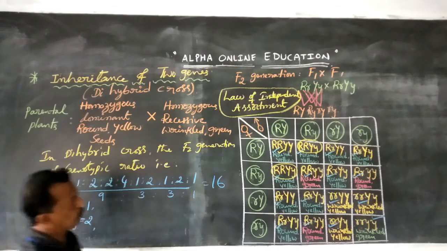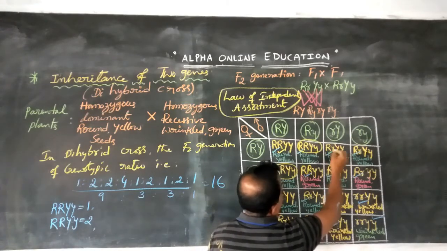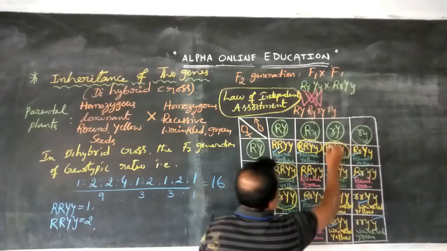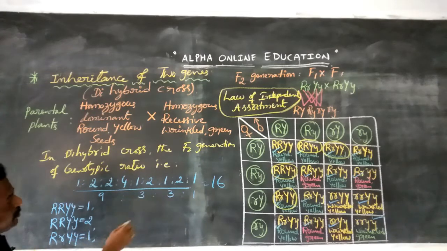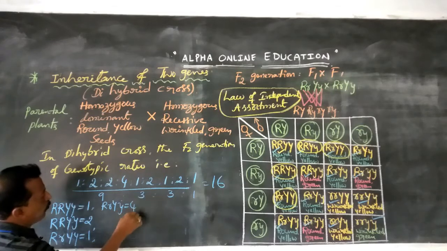And next goes to capital R small r capital Y capital Y. How many? This one and also this one. Totally 2. Next one, capital R small r capital Y small y. How many? 4.